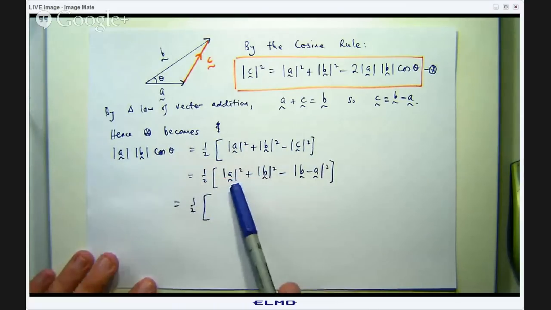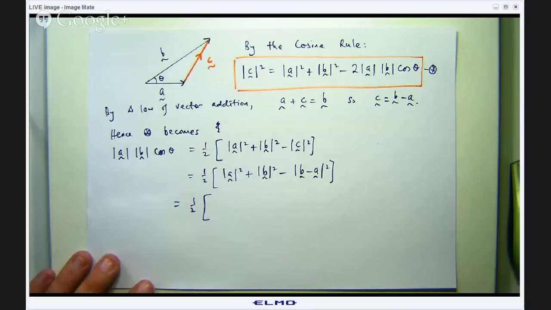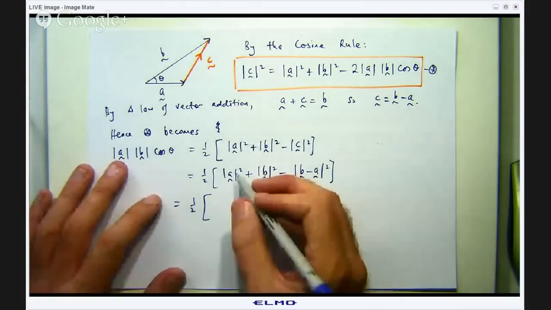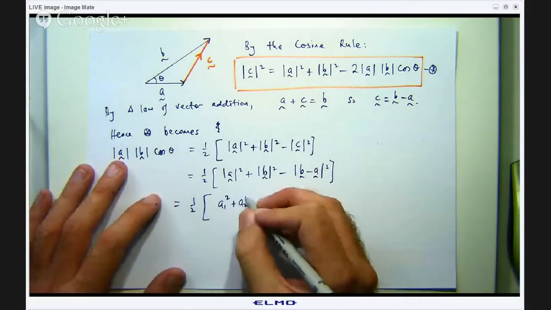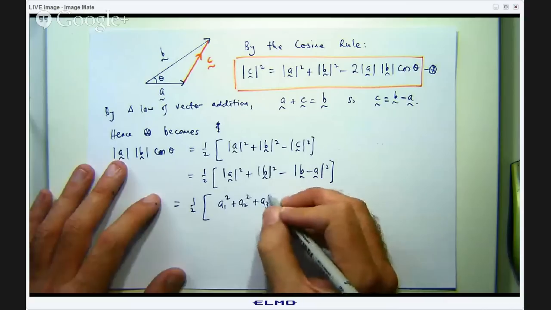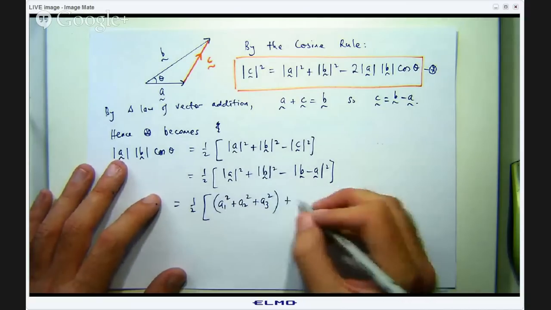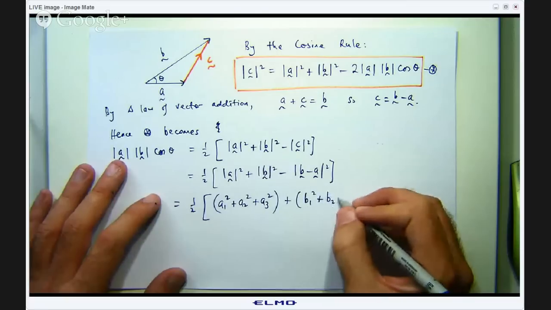Okay, so this is just the length of the vector A squared. Now I know from previous videos, let's say I'm working in three-dimensional space here, the length of a vector squared is just the sum of the squares of the components. Same with this one. You square the components and you add them together.